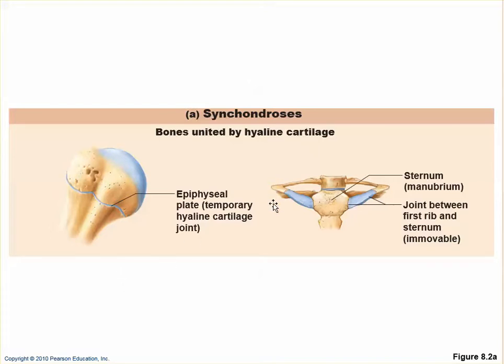We're going to see later that second ribs down are actually synovial joints, but not the first rib. Another example of a Synchondrosis is the epiphyseal plate, the growth plate, in immature bones. And there's a few others.